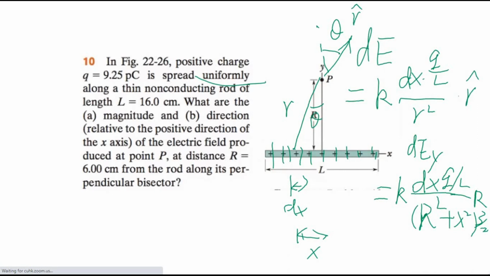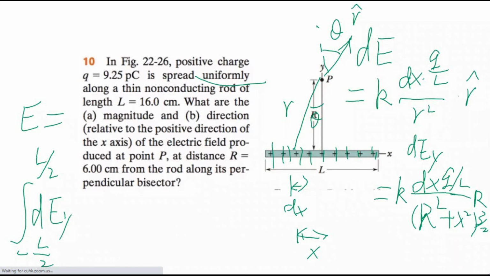Then we just need to integrate, and it would be from minus L over 2 to L over 2, right? That would be the total electrical field.